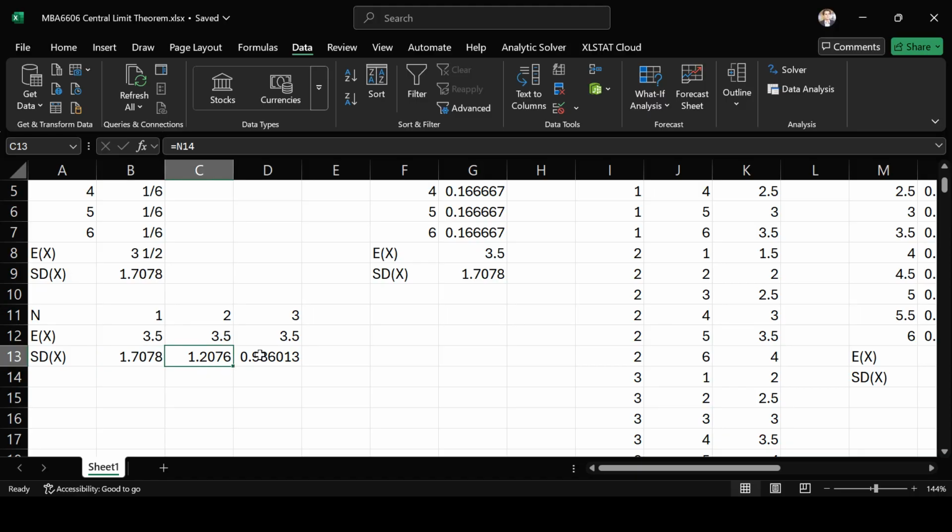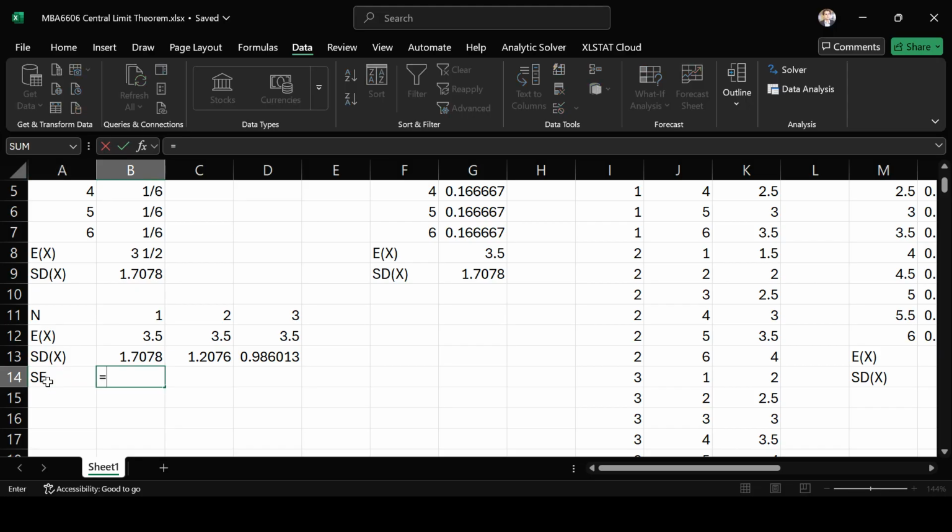But there is a very interesting relationship this shares with the population standard deviation, which can be calculated using the formula sigma divided by square root of n.